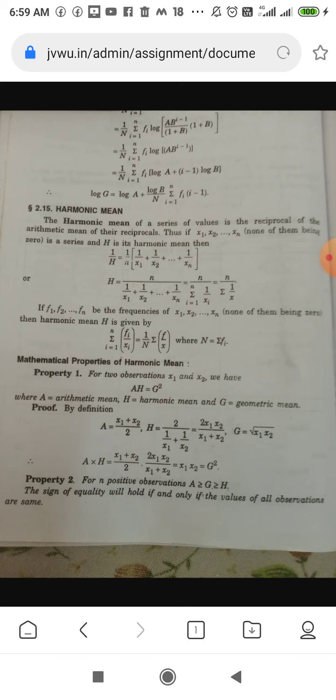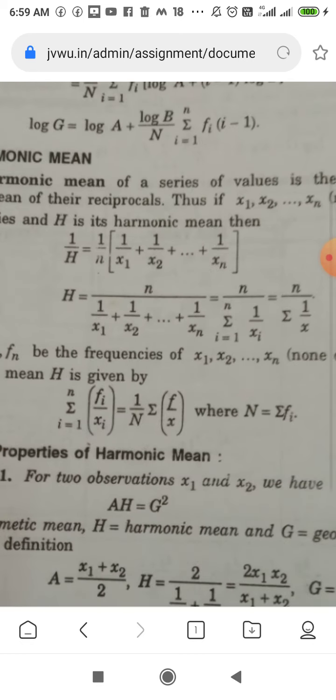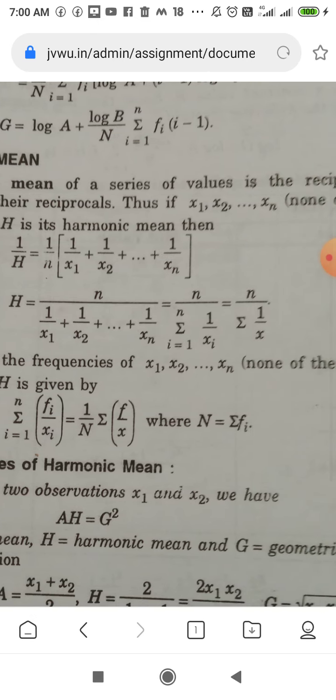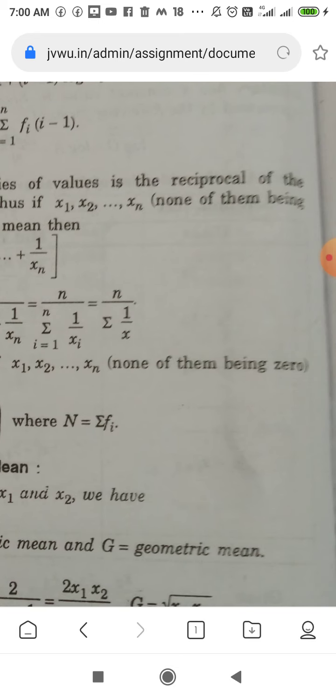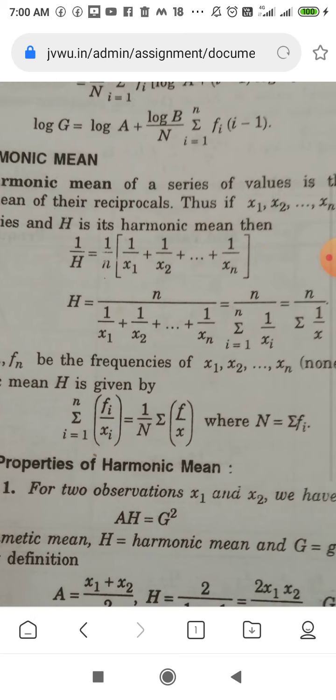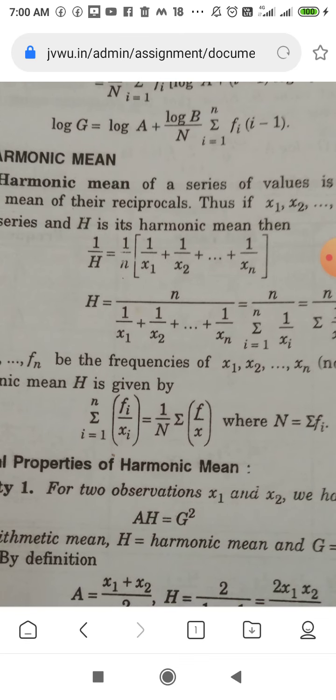Course Business Math and Statistics, and the session of today is harmonic mean. The harmonic mean of a series of values is the reciprocal of the arithmetic mean of their reciprocals.